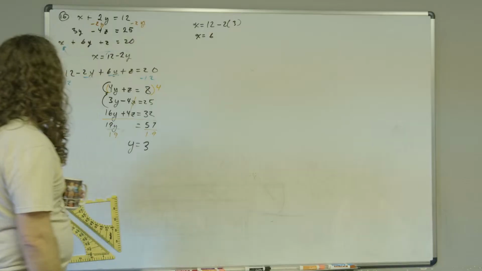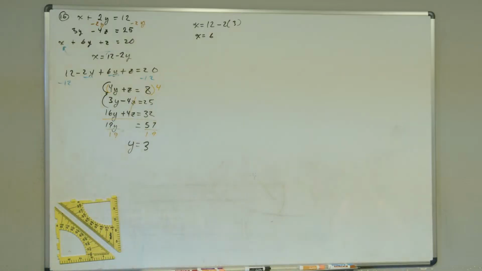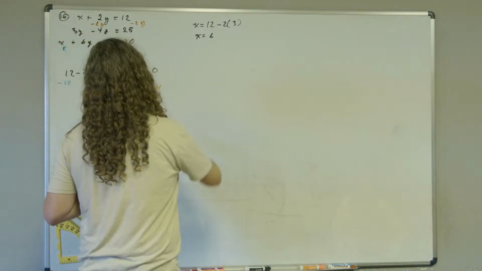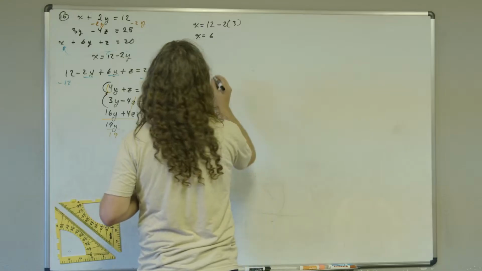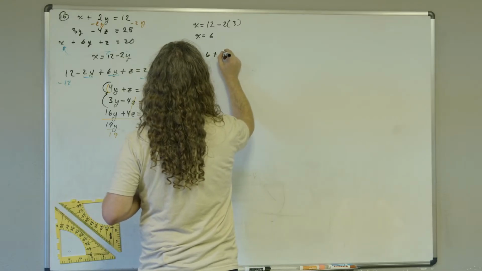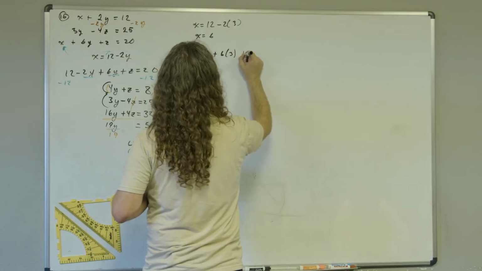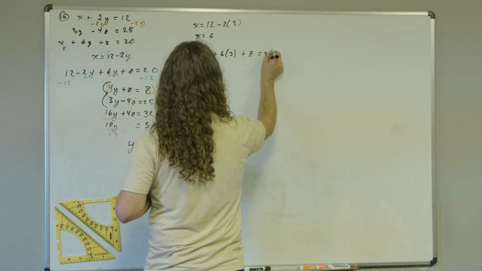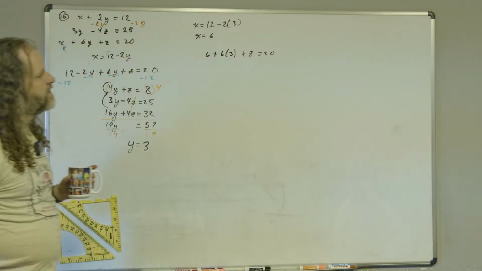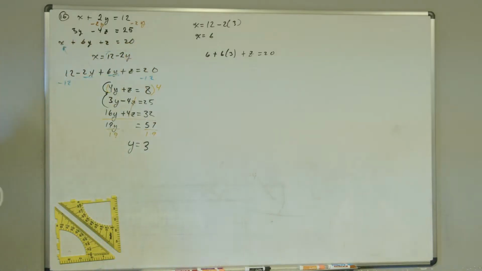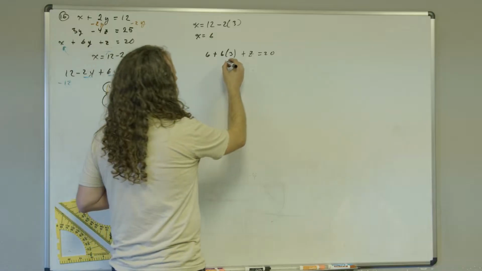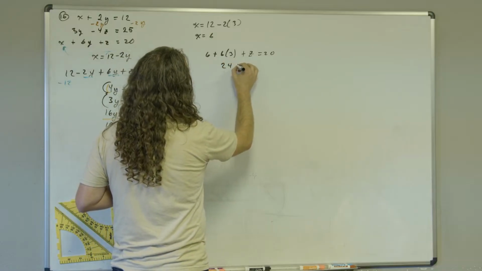Now what could we do? Substitute those two back in. Sure, plug those back into the third one. You could always just plug y in one of these. Any of that is optional. 6 plus 6 times 3 plus z equals 20. 6 times 3 is 18, plus 6 is 24.